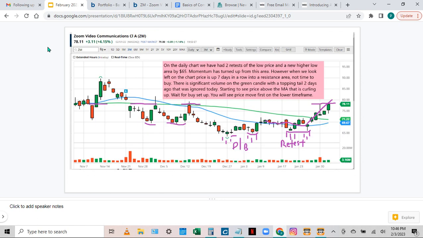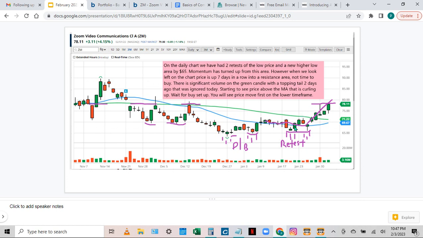Again, on the daily Zoom chart, we can see a little bit different picture. Remember, we're stage one in the longer time frame, and this shows that it's come down. Again, we've got a double bottom area, a smaller 3-bar turn, followed by an area of consolidation. Now we have another 3-bar turn with kind of a range expansion red bar.